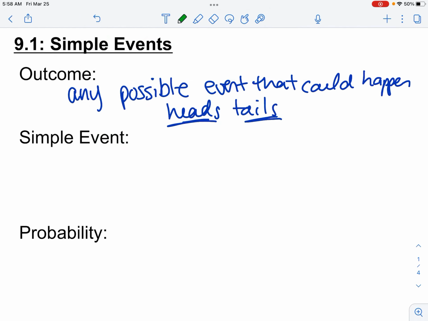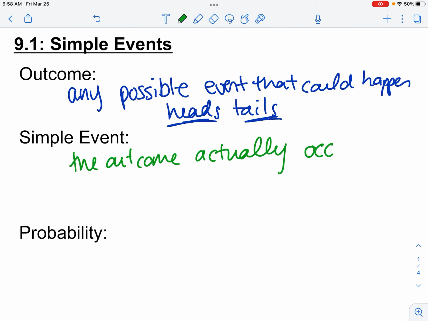And then a simple event is the outcome actually occurring. So if you would flip a coin and it would land on heads, that's a simple event. If you would flip it again and it would land on tails, that's a simple event.